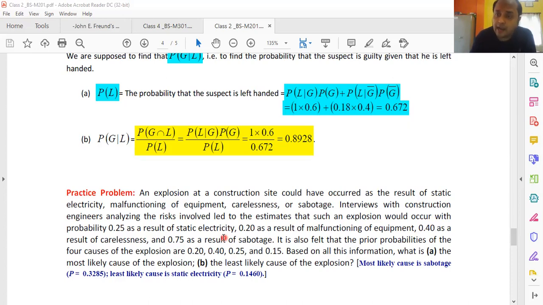We mean that if the observation is taken 100 times, 25 times it has been seen that these explosions occurred due to static electricity. 40 times it has been seen that this type of explosion occurred for carelessness. 75 times it has been seen that such explosions occur due to sabotage. 20 times it has been seen that such explosion occurred due to malfunction of equipment.